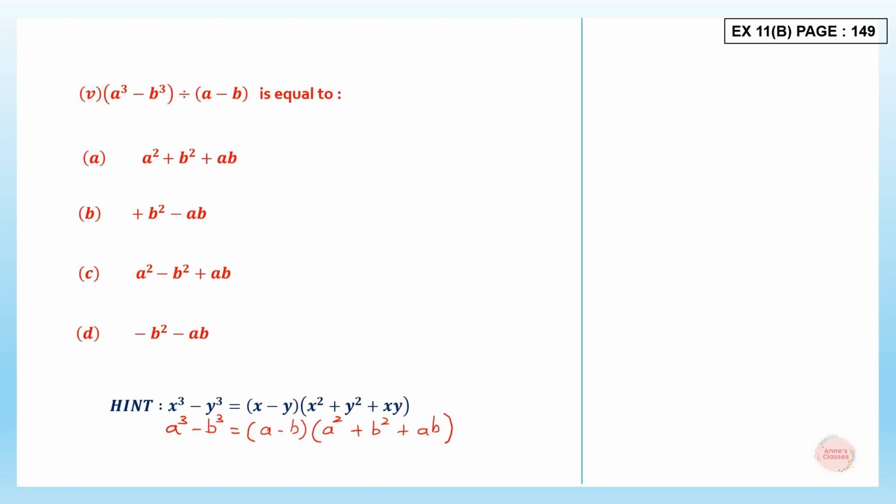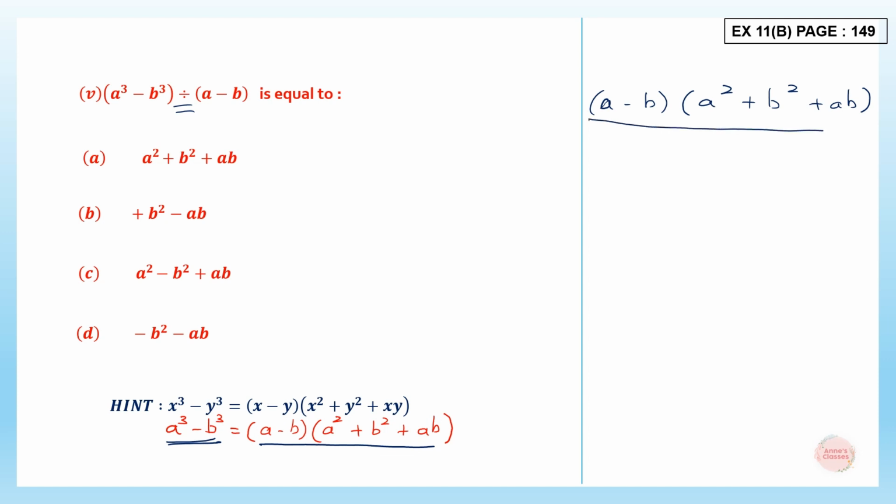So instead of writing a cube minus b cube, I'm going to write a minus b into, if there's no sign between brackets, it's into a square plus b square plus ab. Now here it says divided by a minus b. So let's write that, a minus b.